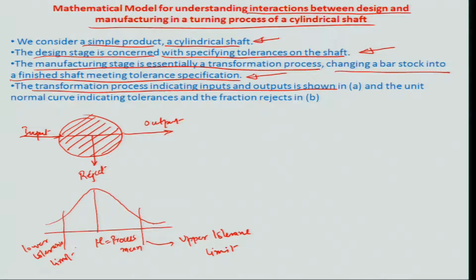Let's say we read a design and figure out that the shaft is about 1 inch in diameter and the tolerance allowed by the design is plus minus 0.008 inches. The upper limit would then be 1.008 inches and the lower limit 0.992 inches, and that is how the shafts would be accepted or rejected. Anything below the lower tolerance limit or above the upper tolerance limit is a reject. This area shows rejects because the shafts do not meet the upper tolerance limit, and this area shows rejects because the shafts do not meet the lower tolerance limit.